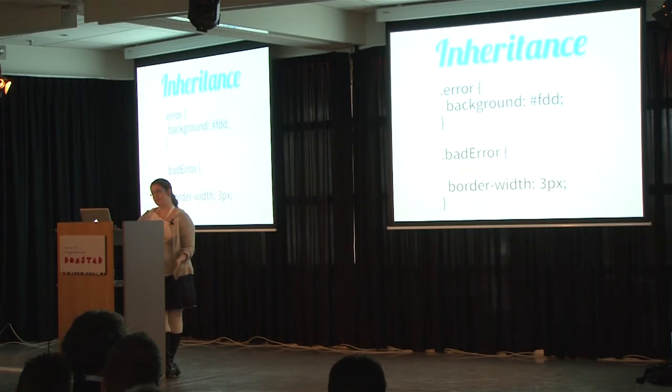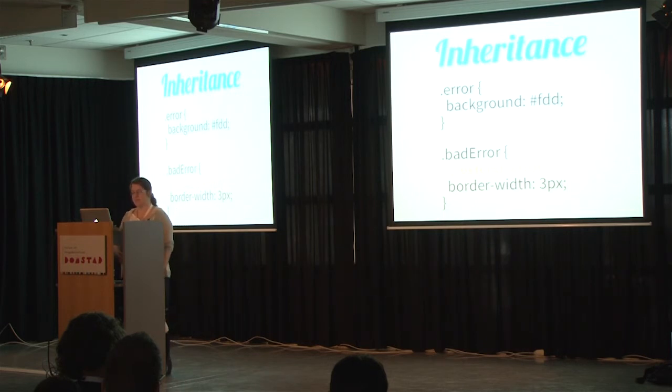And then you can define other styles, like a bad error style. That means even something worse has gone wrong, so you want to make it even more noticeable. And you can have it start out with all of the styles that a normal error would have, and then add more styles on top of that. So here it's adding a border or a wider border so that you see the error message and pay attention to it.